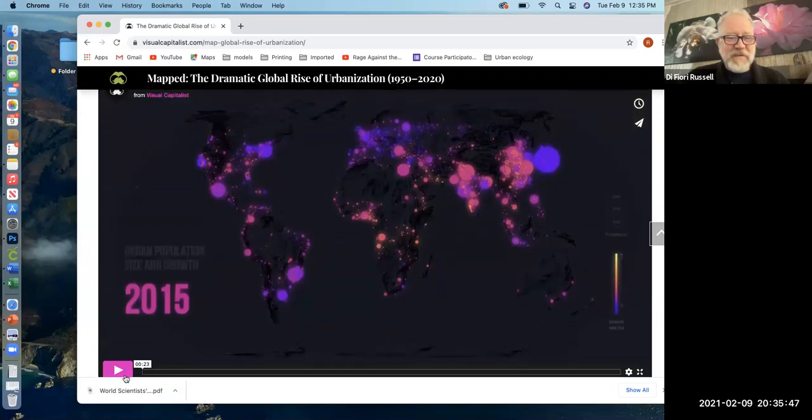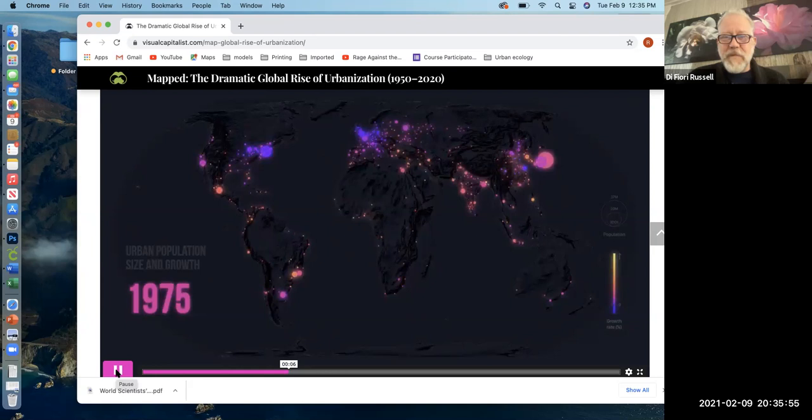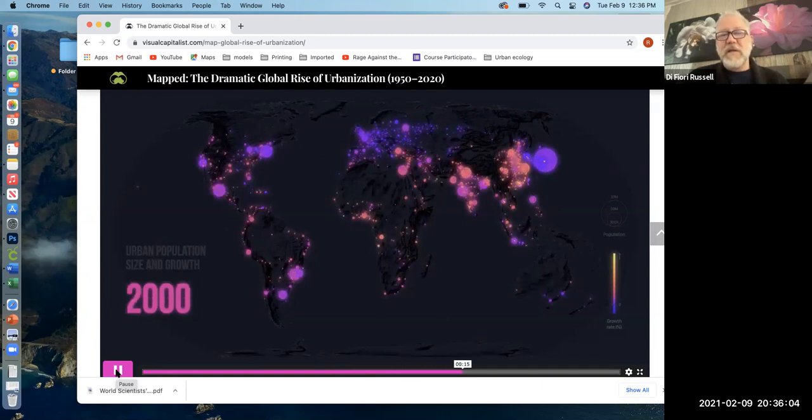You can check this out. This shows the growth of cities over the last several decades. And you can see the size, the population of these different cities around the planet from about here, 1990 onwards, takes off exponentially. And the cities, I think, are the fastest growing anthrome biome on the planet.